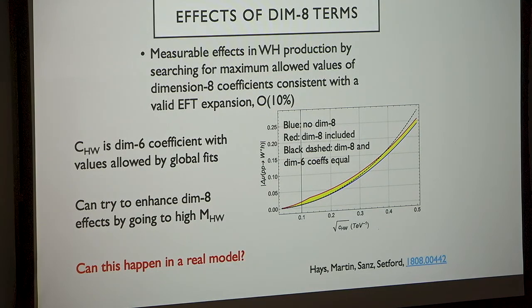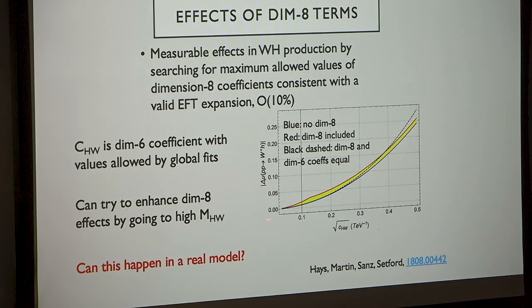This particular process is W plus Higgs production. I'll calculate it. CHW is one of the dimension 6 operators, and then I will put in dimension 8 operators, and I'll play around with them to try to get the biggest effect possible, consistent with the expansion being valid. Okay, so that kind of gives you the region between the black band and the dotted band.